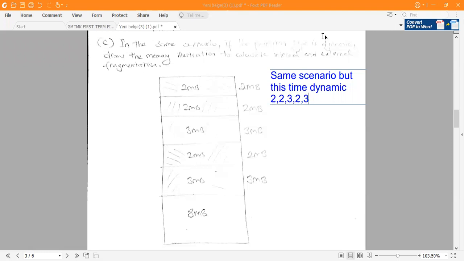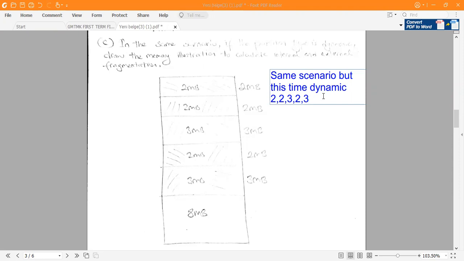Isaac, I just explained the 5 megabyte. Isaac asked, do we need to mention the operating system partition or not? Actually, in this question, it is very clear that it is dynamic or fixed.